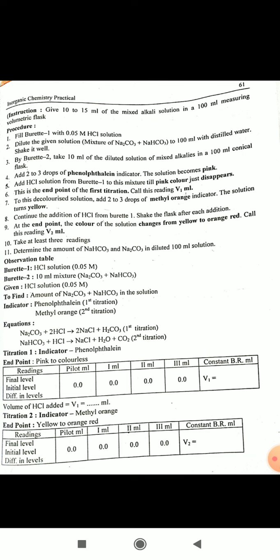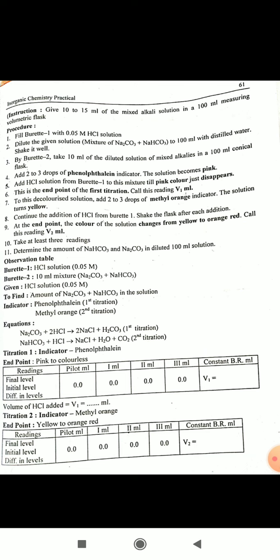Next is the titration with methyl orange indicator, end point yellow to orange red. In this reading, record the final level, initial level and difference in level. The first is the pilot reading, then 1 ml, 2 ml, 3 ml.